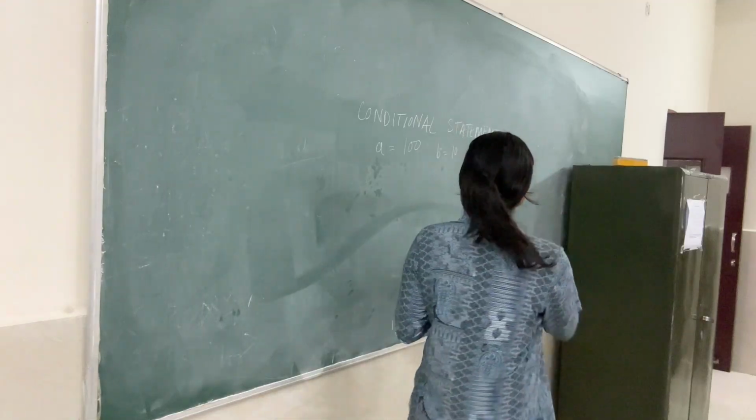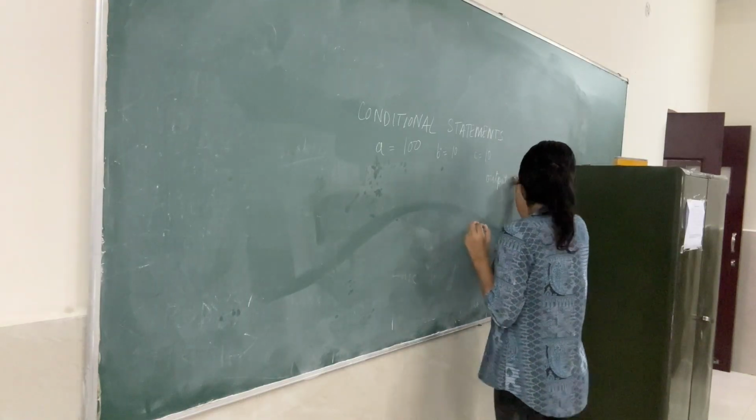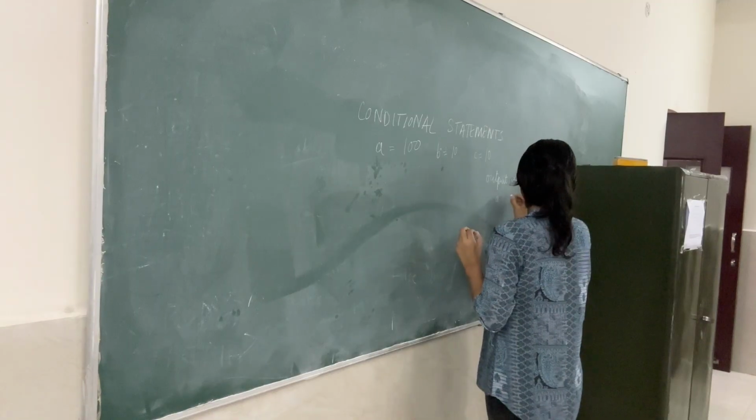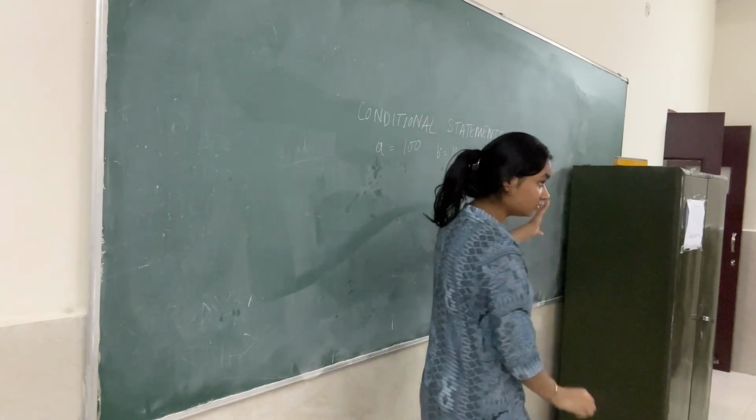So my condition is output A only if A divided by 10 gives 10.